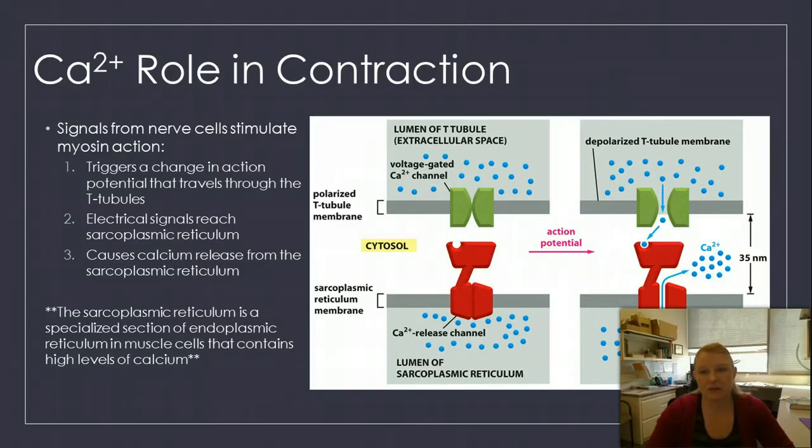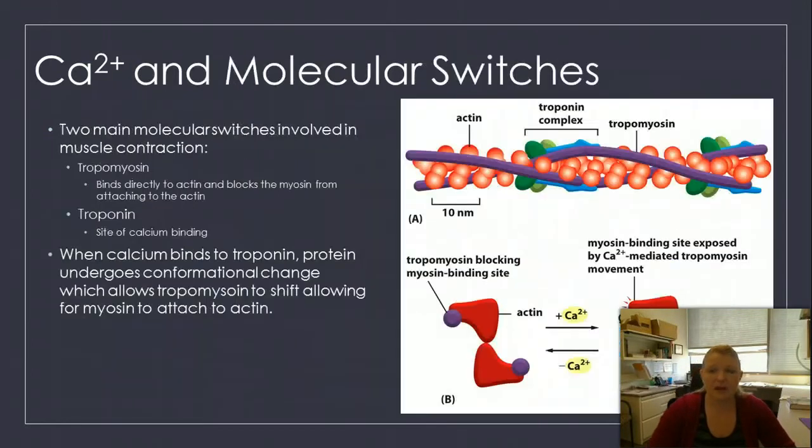So now calcium is released into the cell. Calcium then serves as a secondary messenger, similar to the cAMP that we talked about in the intracellular signaling chapter, chapter 16. This calcium is going to travel to two molecular switches. There's the troponin complex and the tropomyosin, and you can see this here on this slide.